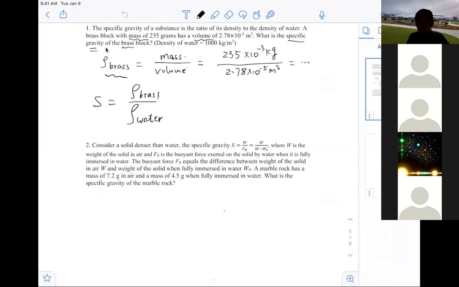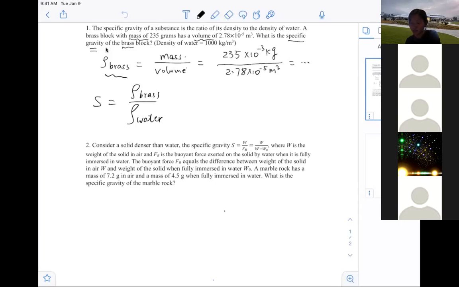Okay, so for example, if you did your measurement and you have an object, it has 7.2 grams is what you read on the scale. That's the mass in air, and the mass when fully immersed in water is smaller, 4.5 grams. So to calculate the specific gravity, you use this equation. That's what we just talked about. So you can see our devices give us the mass, but not the weight.